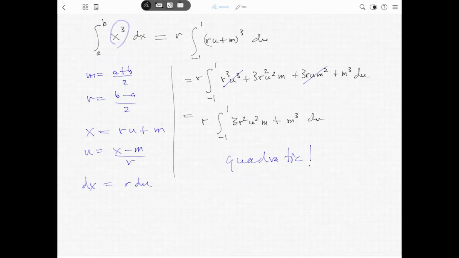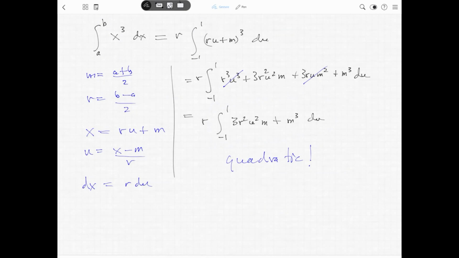So for a cubic function we used a quadratic approximation, but we get the exact answer because, as it turns out, the integral was essentially only the integral of a quadratic function. Okay, so that's nice to know.